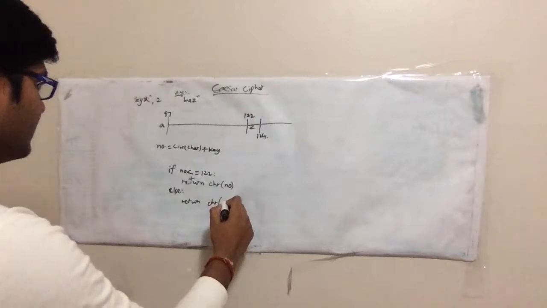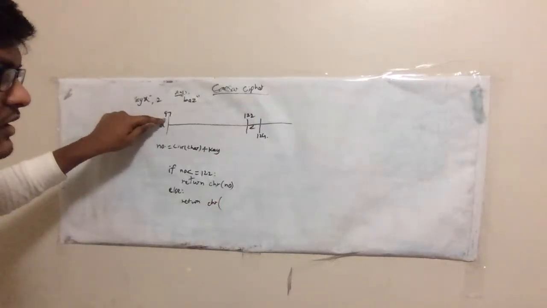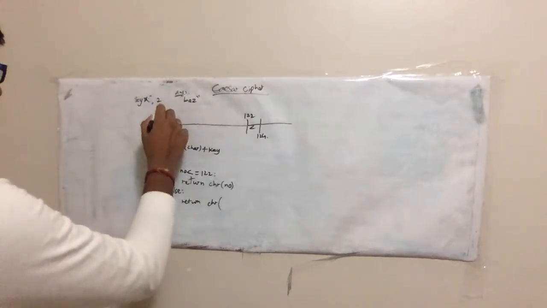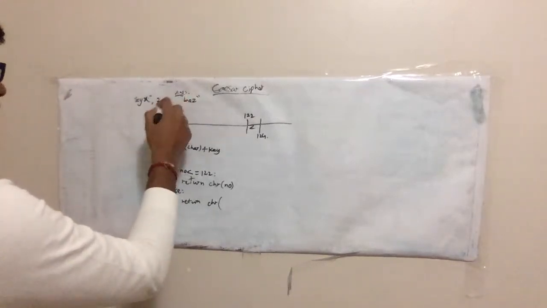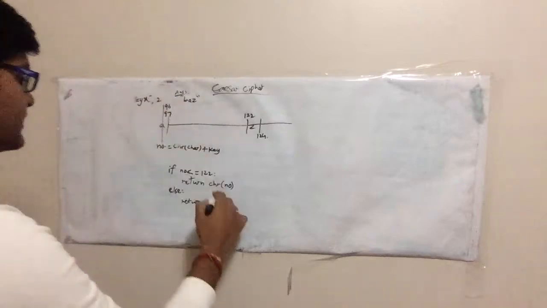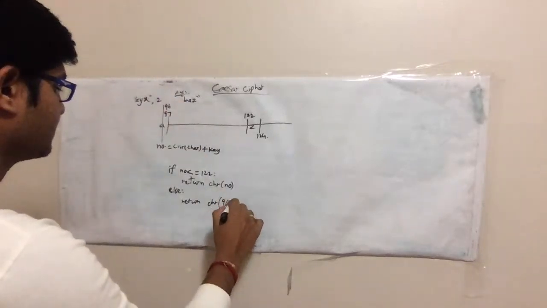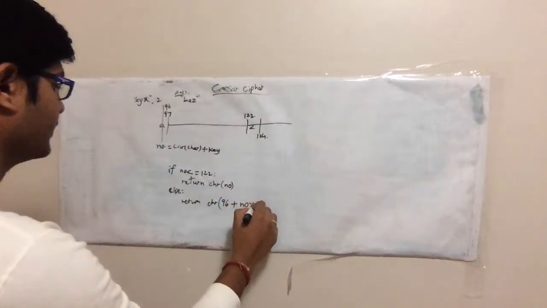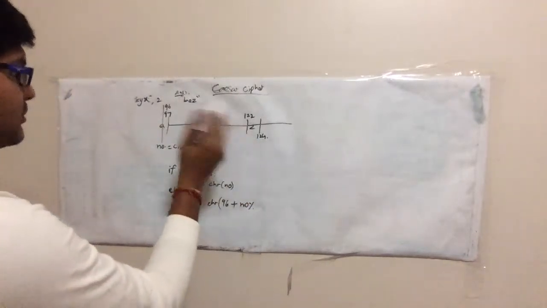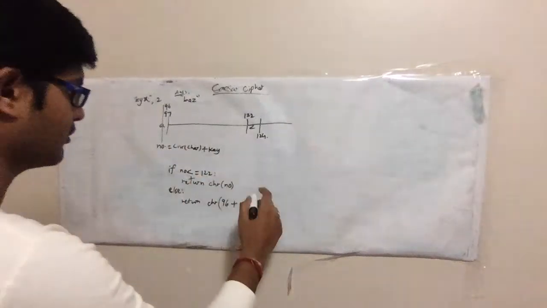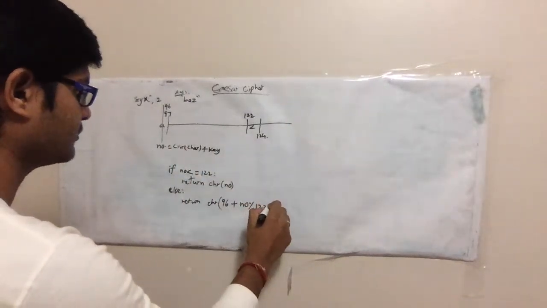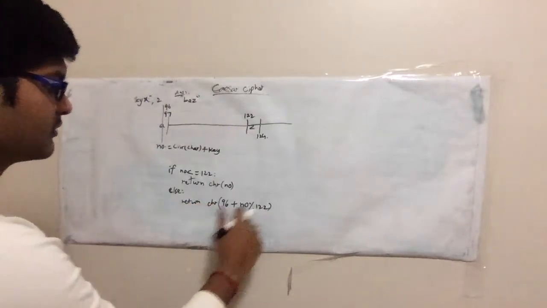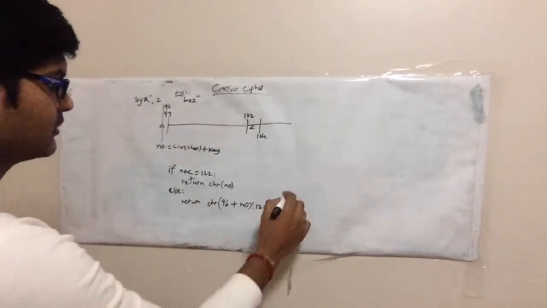So what I'm going to take here is the previous one, like the 0th index you can think of, that is 96, plus the number modulus 122, to keep it within this range. If you keep 124 here, 124 modulus 122 is 2.